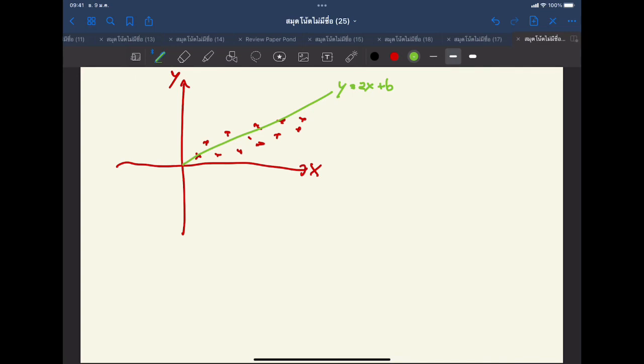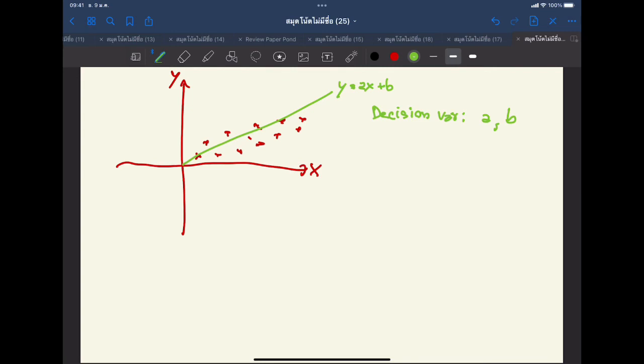All right, so you see that we have two parameters. Our decision variables are a and b, because y and x are from our data set, the experimental data set.